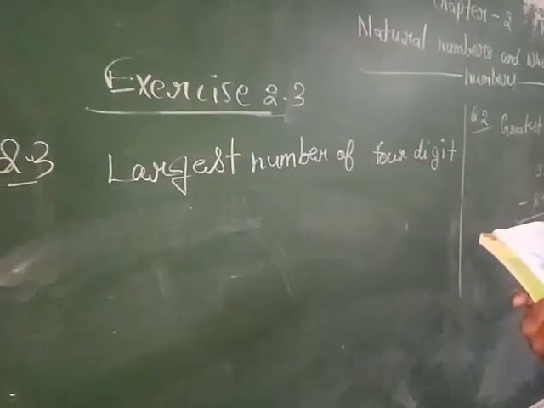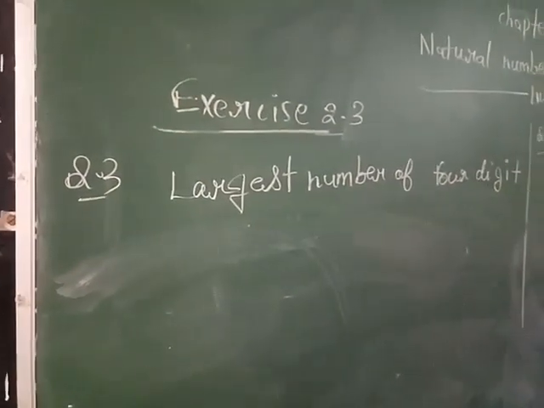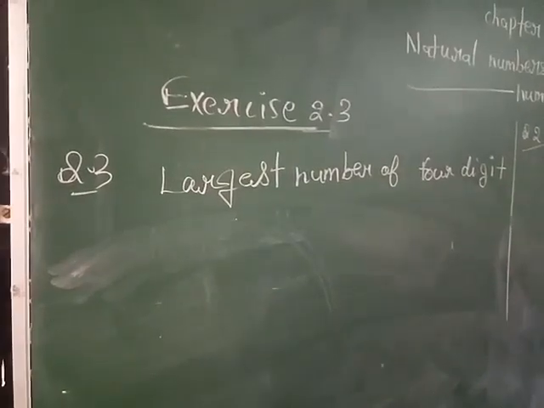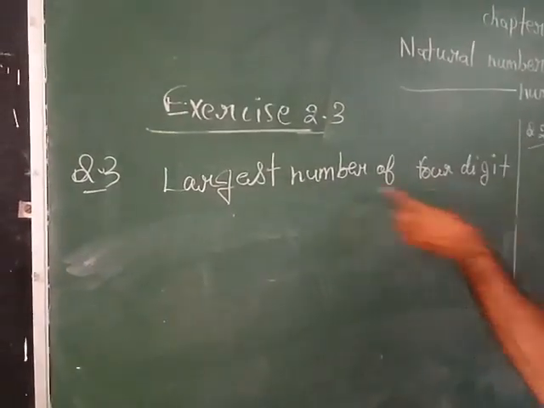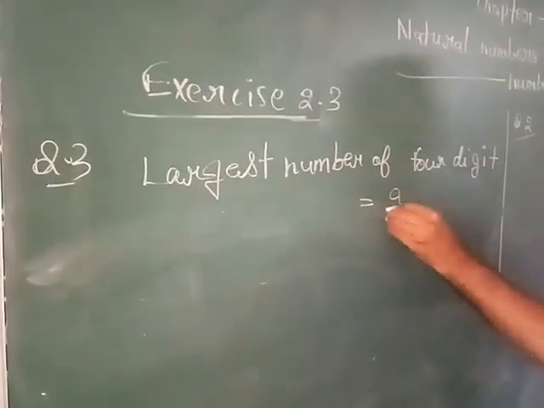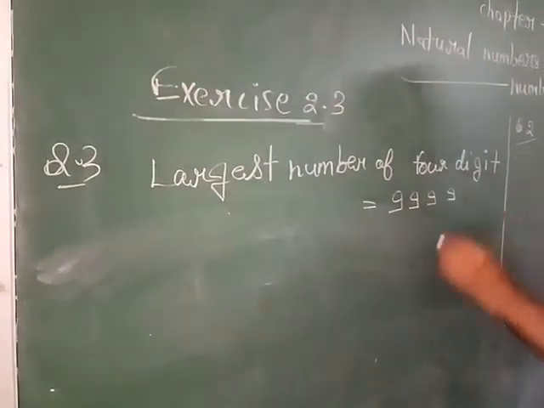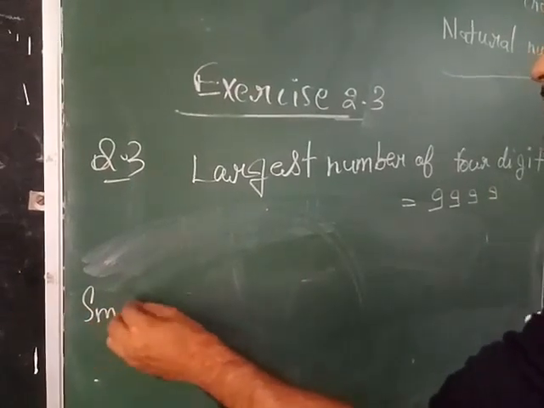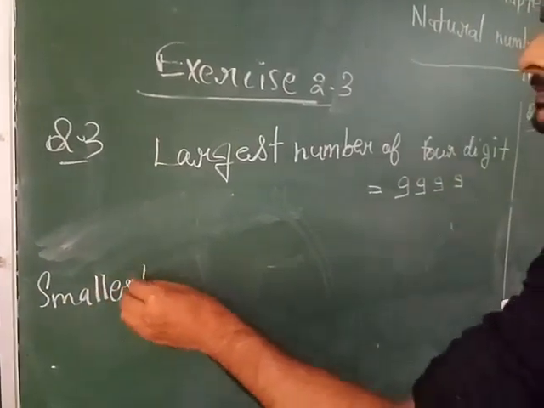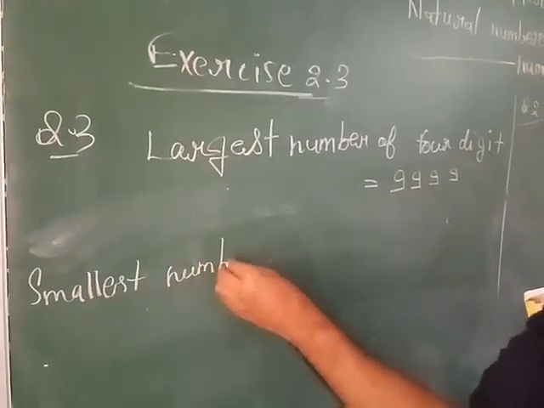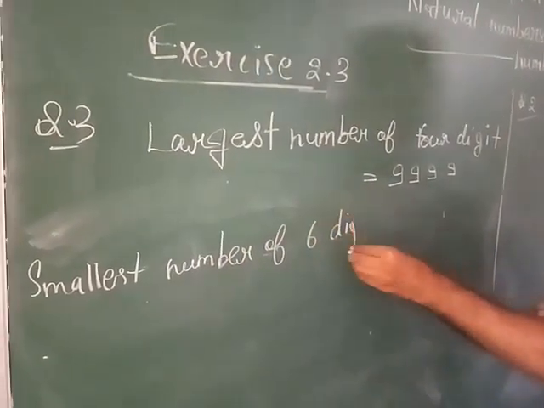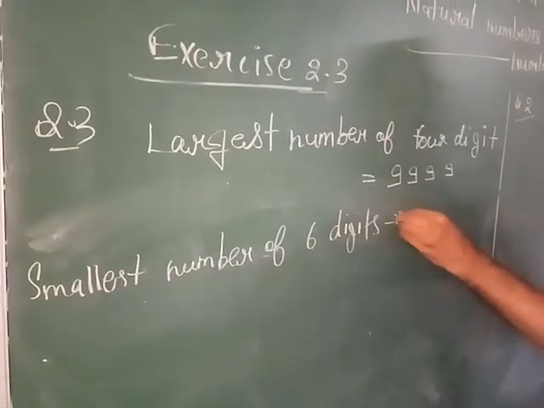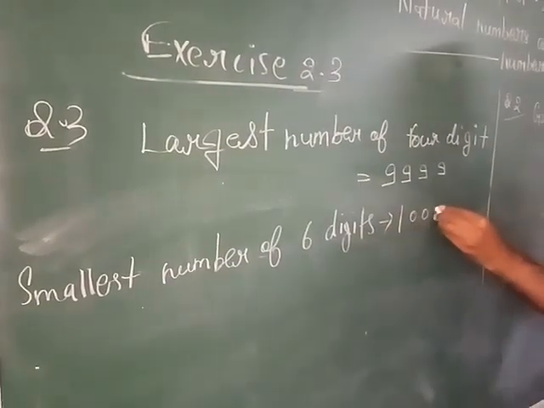In question 3, what is the difference between the largest number of 4 digits and the smallest number of 6 digits? So the largest number of 4 digits will be 4 times 9, and the smallest number of 6 digits is 1 and 5 times 0.